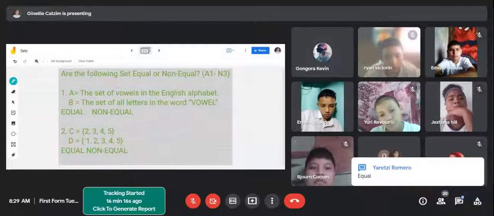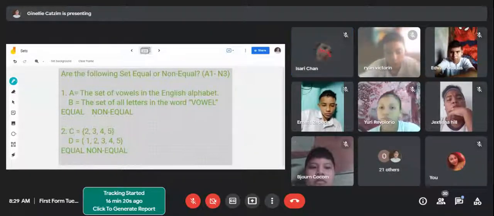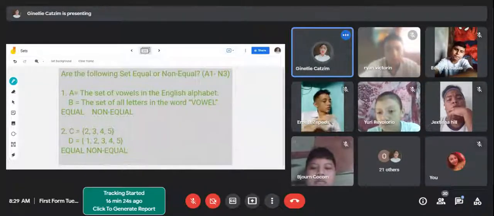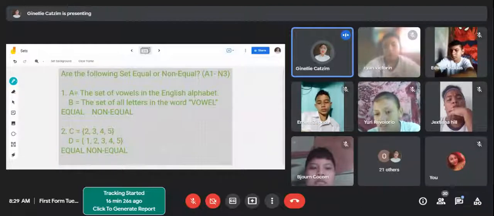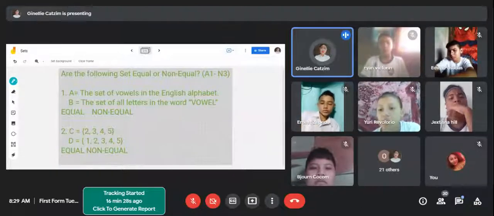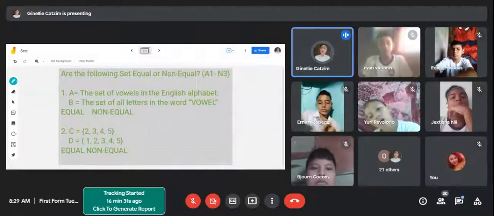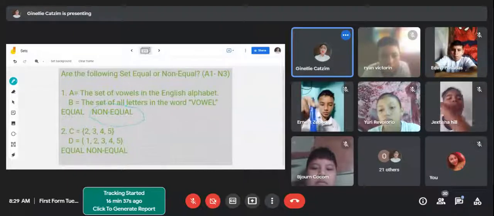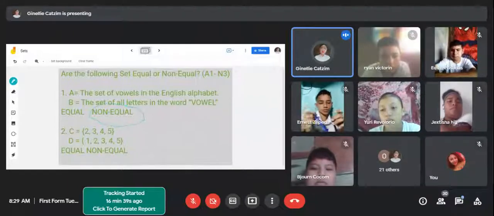They are non-equal. Very good. Why? Because they do not have the same amount of elements. The non-equal says that at least one is different, but here many are different, right? So it is non-equal. Now, number two.